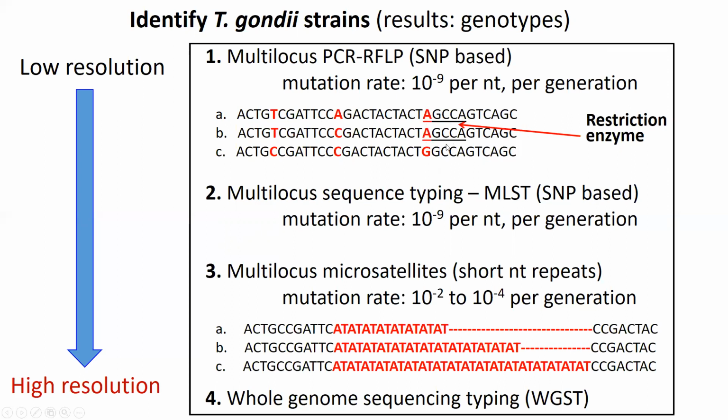So AGCC for the 2 samples and GGCC for the third one. And the one restriction enzyme can recognize AGCC, then it can cut it. So it cuts both of the sequences. And then for A and B, it becomes 2 fragments. And then you run the gel electrophoresis, you will see the different banding pattern that tells you the difference.